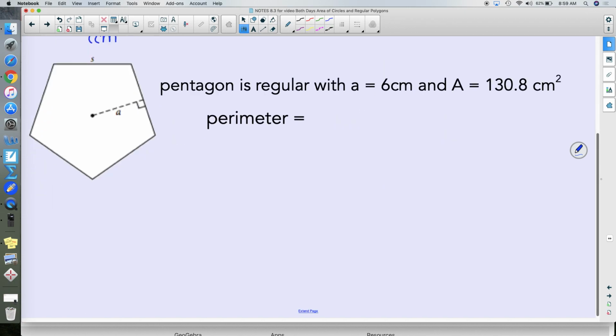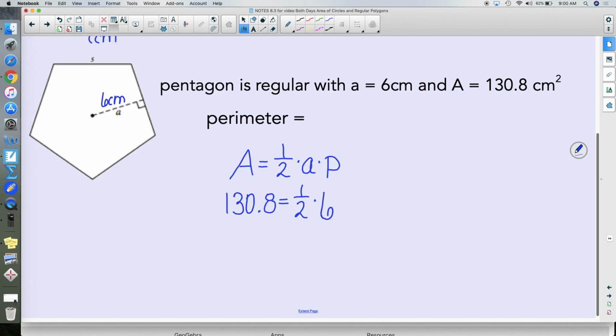The pentagon. In the pentagon, they gave me the apothem as 6 centimeters. They did not provide a side length, but they did provide the area. The question is asking us for perimeter, so I want to think about that formula that I do have that says the area for my regular polygon can be calculated as 1/2 apothem times perimeter. So therefore, when they gave us the area of 130.8, we can demonstrate some algebraic flexibility in showing where they got that from.